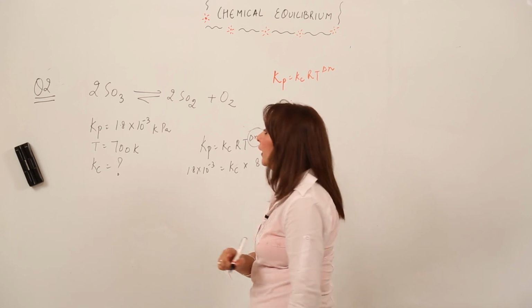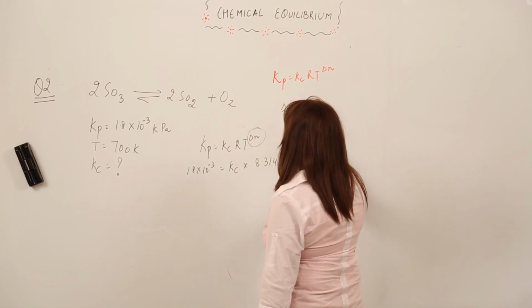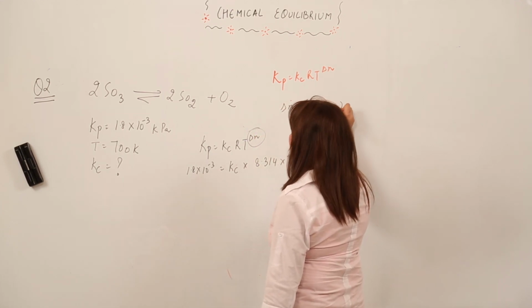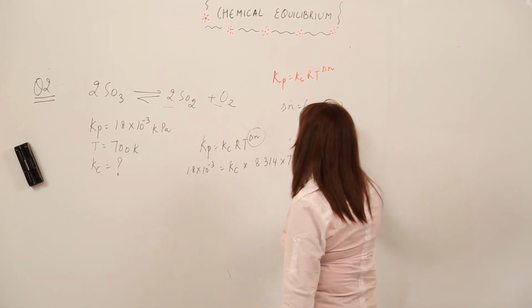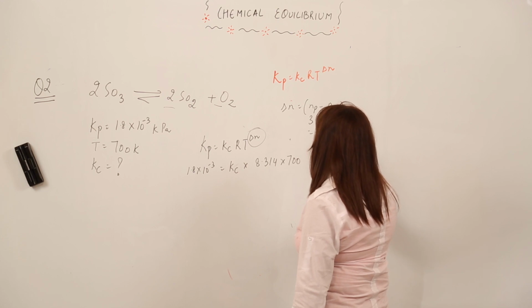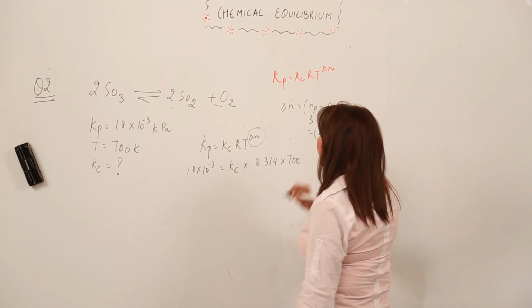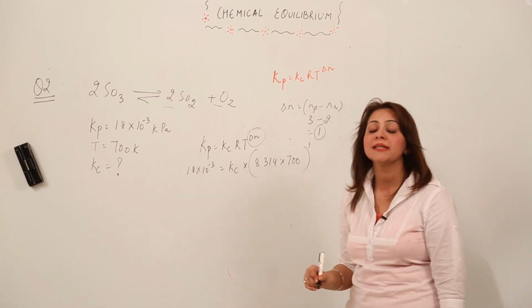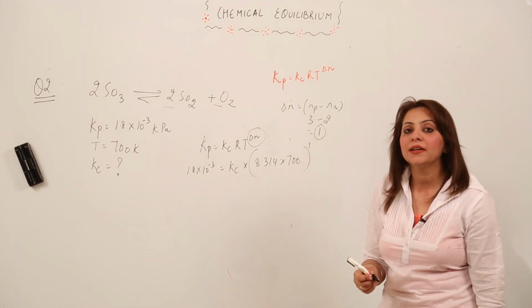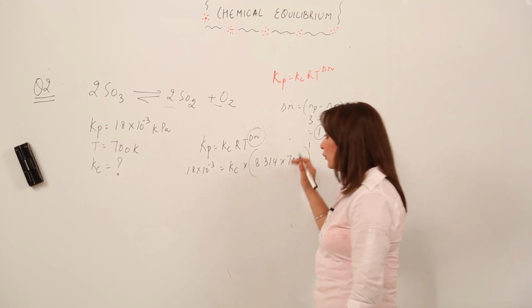I think you know how to calculate delta n now. It is moles of product minus moles of reactant, so 3 moles of product and 2 moles of reactant, which comes out to be 1. We are enclosing this, and whether we write 1 or not doesn't make a difference. This is how we are going to do it.